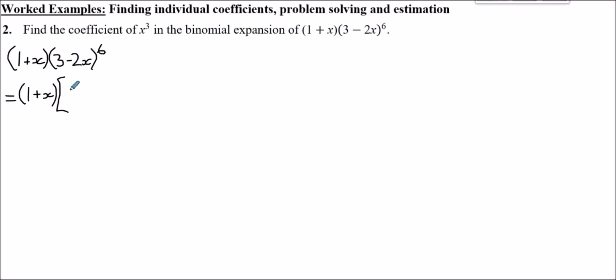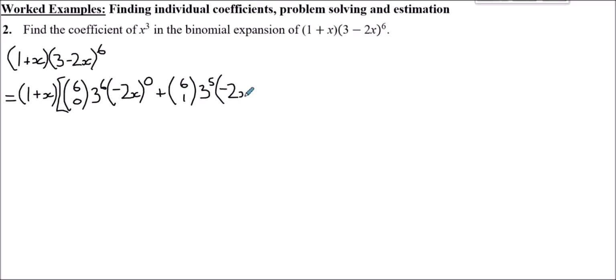Because it's power 6, the first term is going to be 6 choose 0, 3 to the power 6, (-2x) to the power 0. Then we're going to have 6 choose 1. The power of 3 will decrease from 6 to 5. Meanwhile, the power of the -2x will increase to 1.